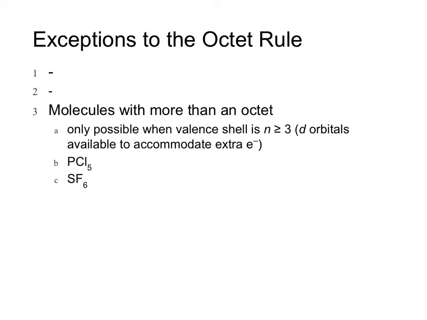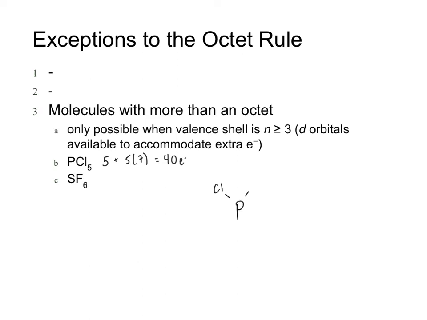And so let's look at our Lewis structure for PCl5. Phosphorus is going to have its 5 valence electrons. Chlorine is going to have its 7 valence electrons, for a total then of 40 valence electrons. And so we start with phosphorus in the middle.